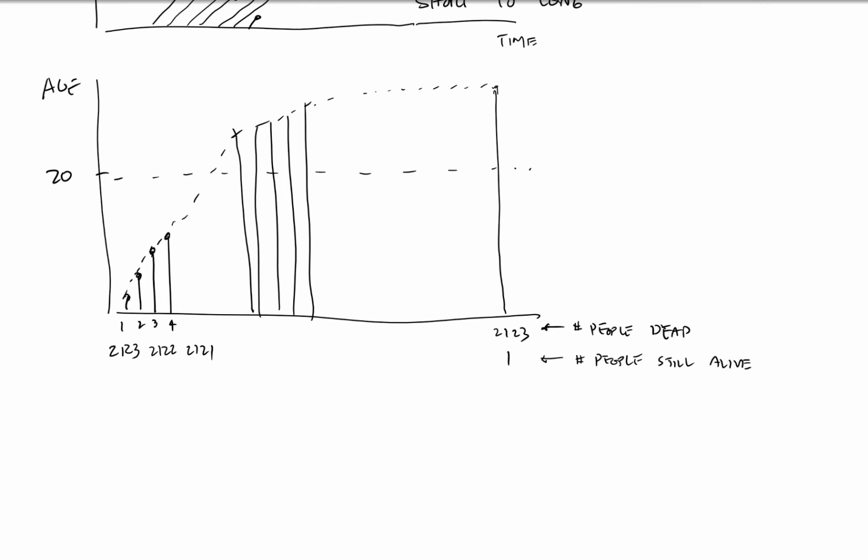Actually, often, rather than keep track of the actual numbers, we'll keep track of proportions. So sometimes we'll track the proportions of the people still alive from the original cohort.